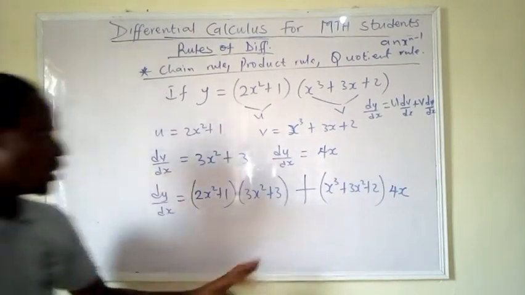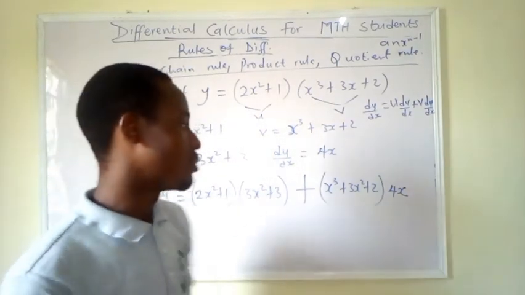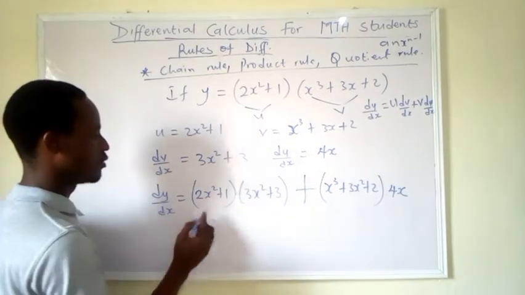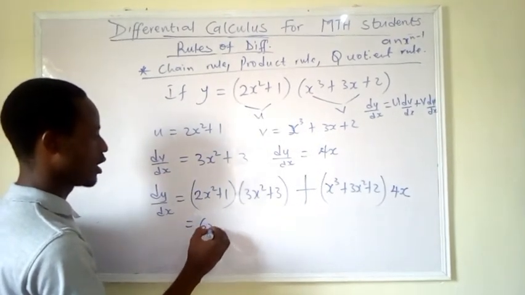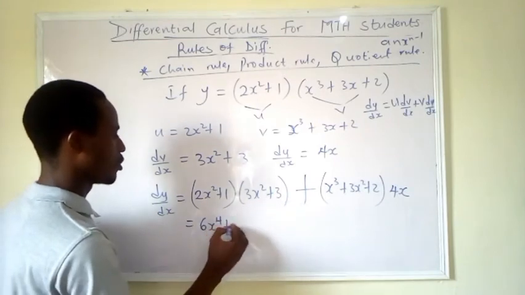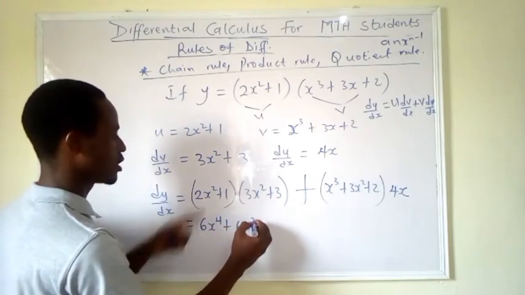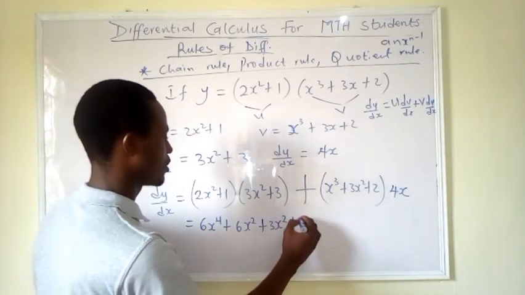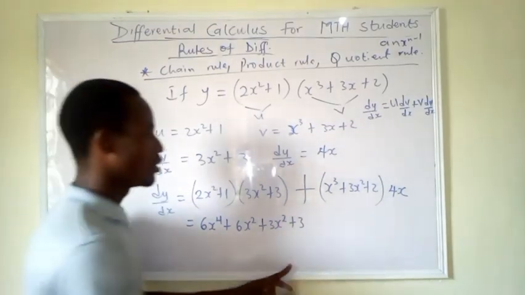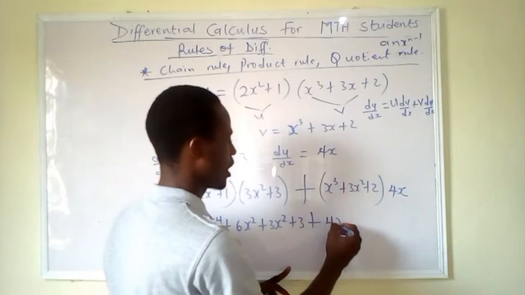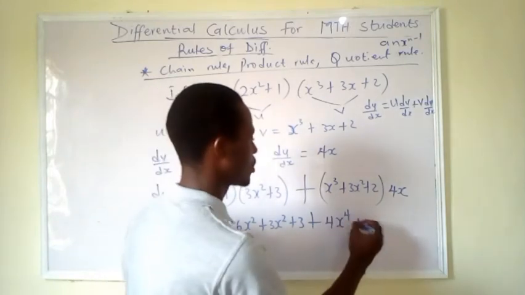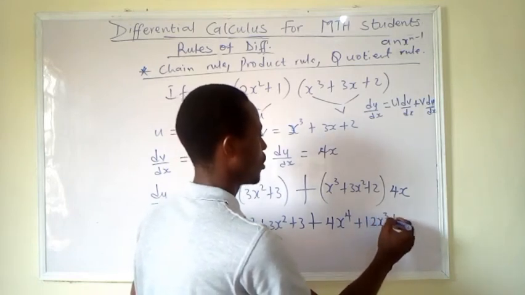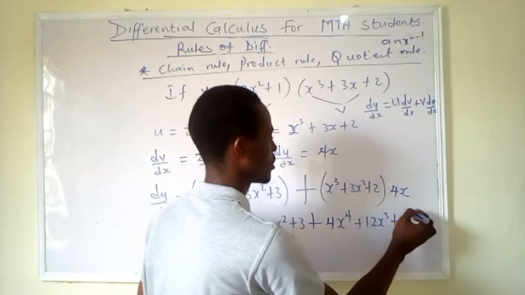So we can expand this and open the bracket here, then collect the like terms and solve. If we do that, this is going to give us 6x raised to the power 4, plus 6x squared, plus 3x squared, plus 3. And if I expand the other part, this would give us 4x raised to the power 4 plus 12x squared plus 8x.